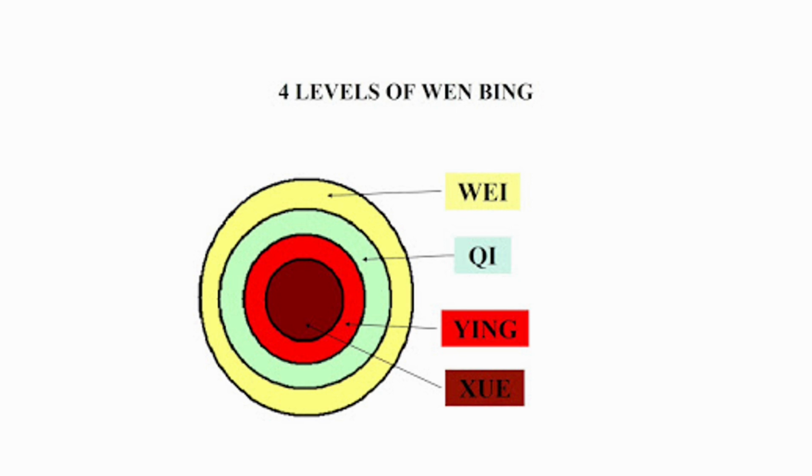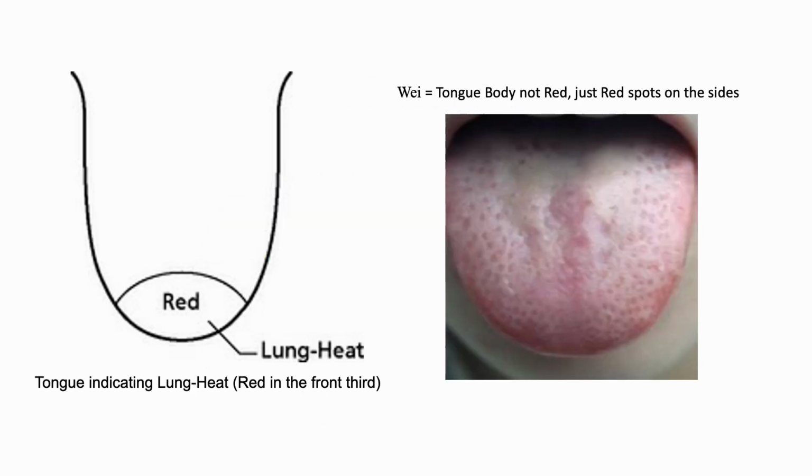Indeed, much of the knowledge regarding red tongues and red points derives from the theory of the four levels. At the defensive qi level, the tongue may be red or slightly red on the front or sides, or both, in the areas corresponding to the exterior in the context of invasions of external wind.